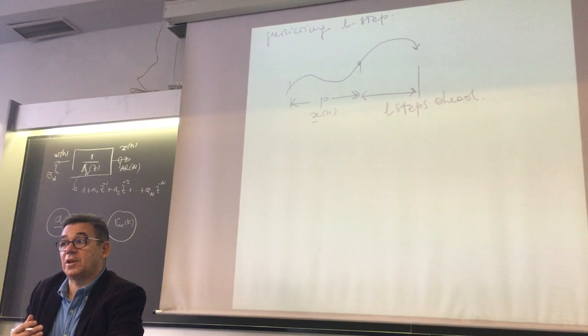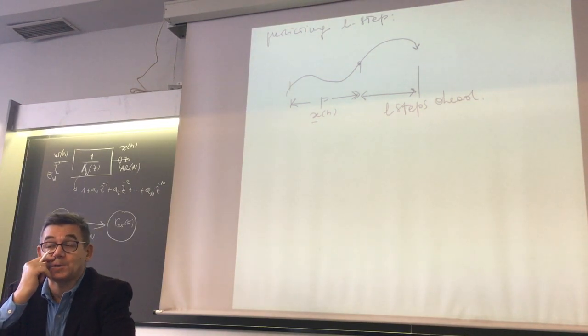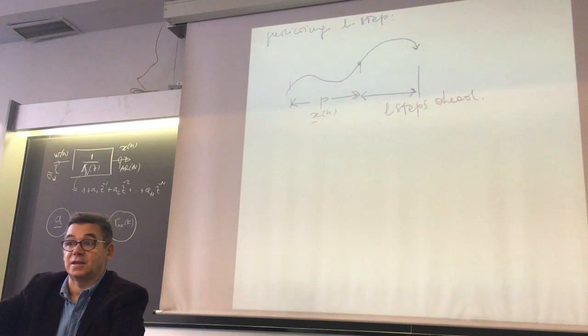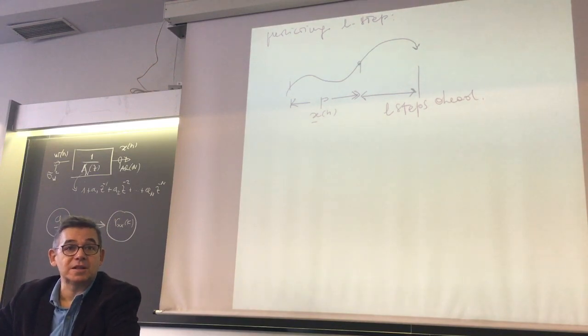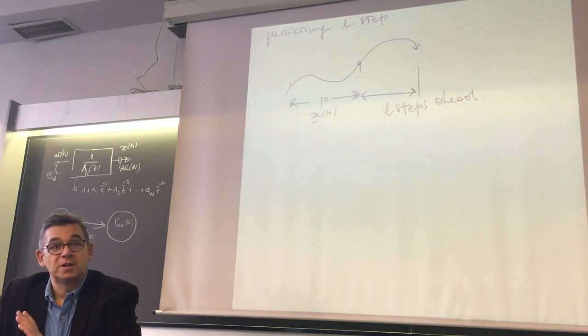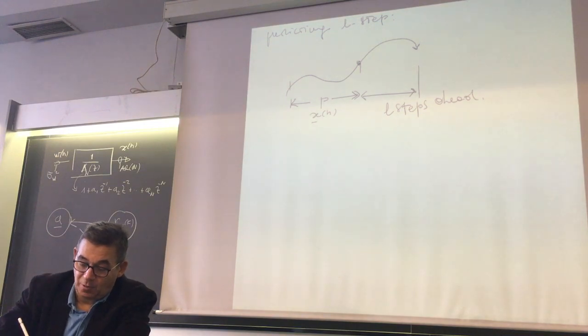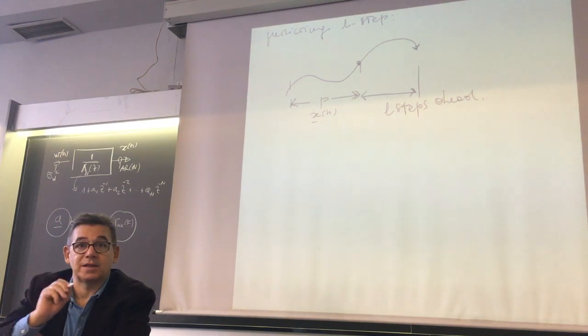Of course, the linear predictor that we saw is a one-step prediction, so I estimate one step ahead. But imagine that I want to use the predictor to estimate 10 days ahead. I can virtually do it. If I need to predict very far away, then what I expect is the following.